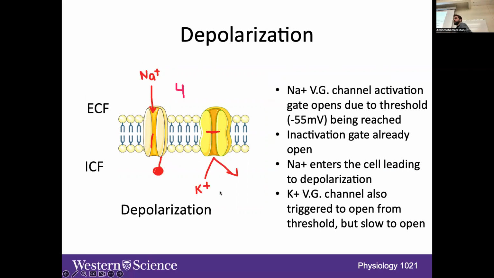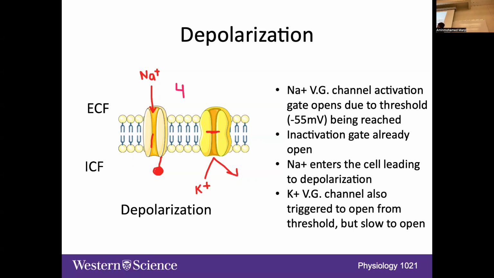Now, potassium voltage gated channels are technically also triggered to open here, right? They are also voltage gated and they are triggered by that minus 55 millivolts. Why are they not open here though, even though they're triggered to open? What was special about the potassium voltage gated channels? Absolutely. So these ones I won't say are leaky because you have separate potassium leak channels. These are gated channels. Okay, so they actually have a gate on them that prevents leak normally.